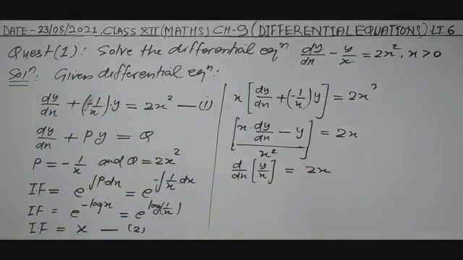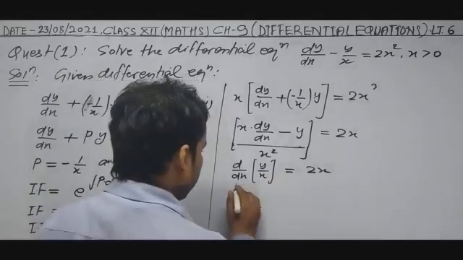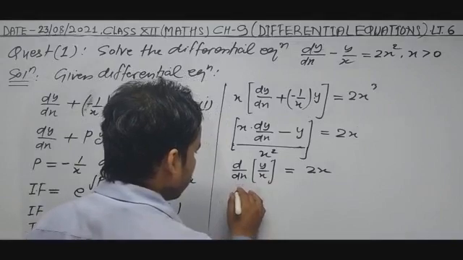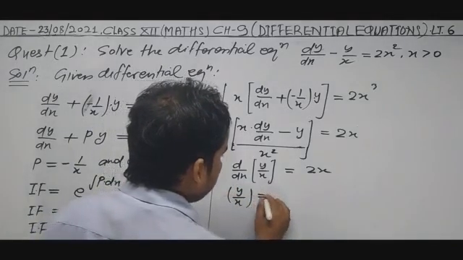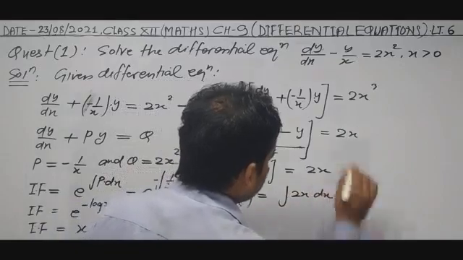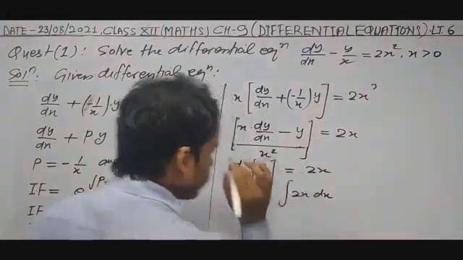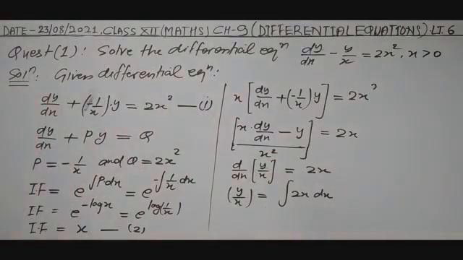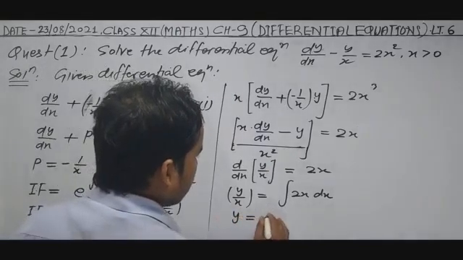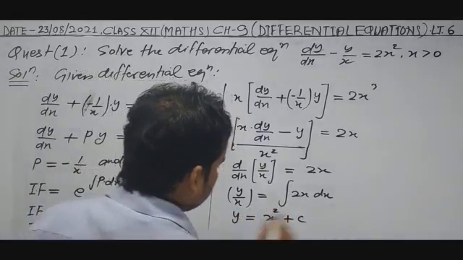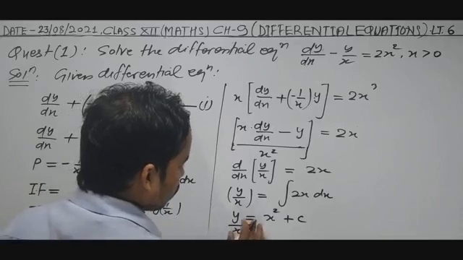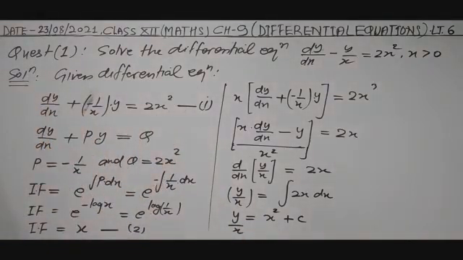Now you can integrate easily. So what will be the result after integration? After integration the result will be y by x is equal to integration of 2x dx, and the integration of 2x, you know, is x square by 2, then the 2 and 2 will cancel out, and the result will be y by x is equal to x square plus c.